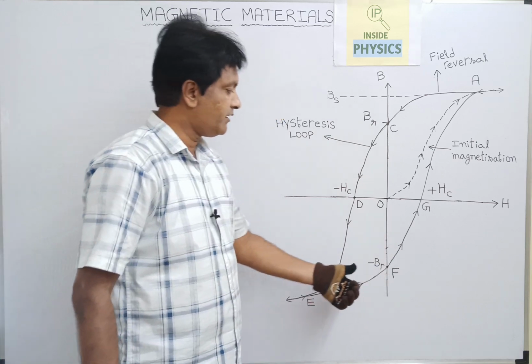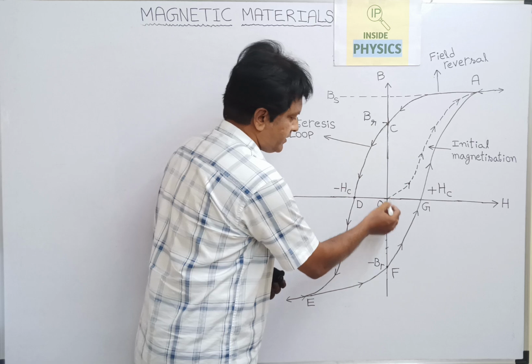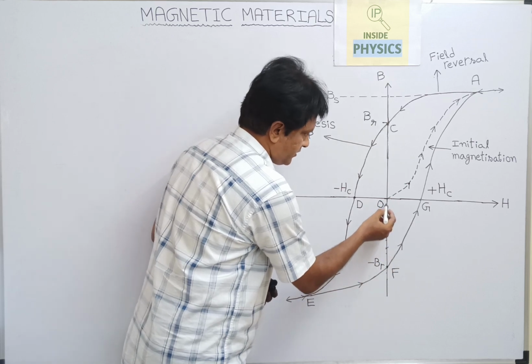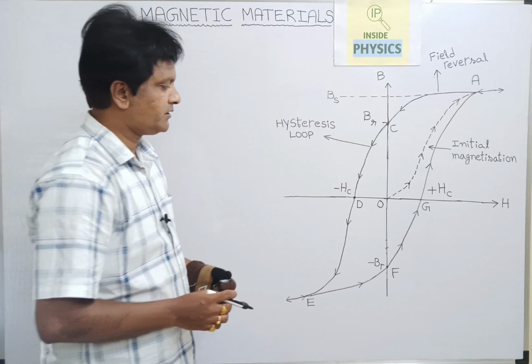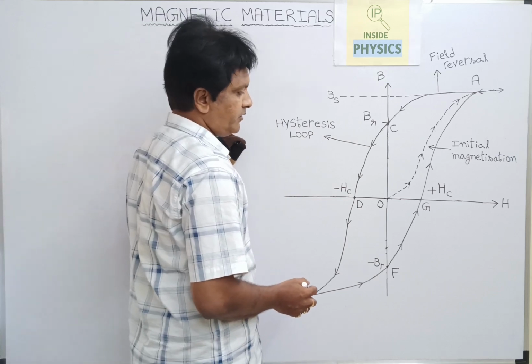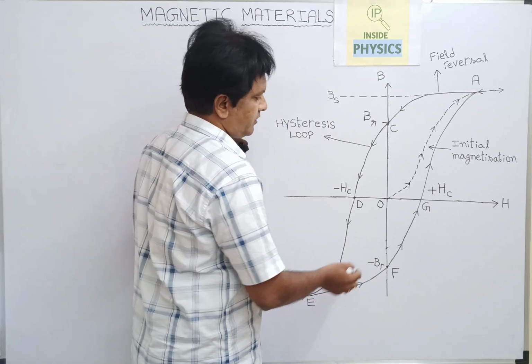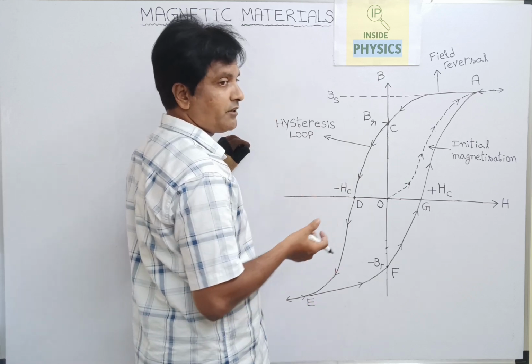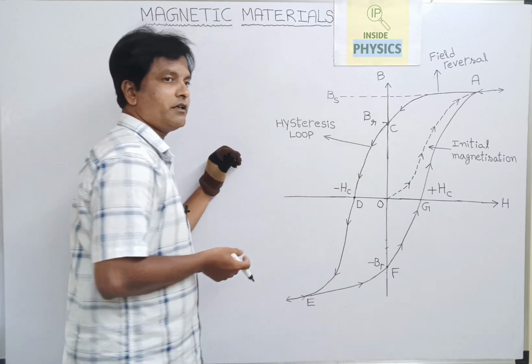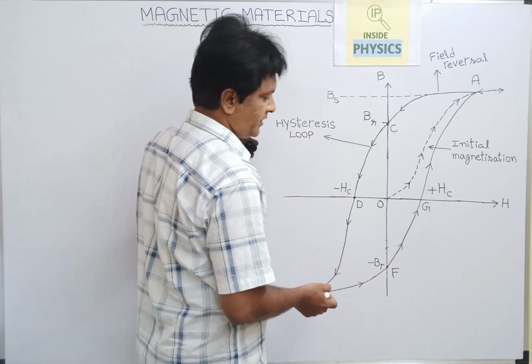Even then there is a residual magnetization. From here to here is the residual magnetization, that means retentive induction or retentive magnetization, and this property of a material is called the retentivity of that particular material.